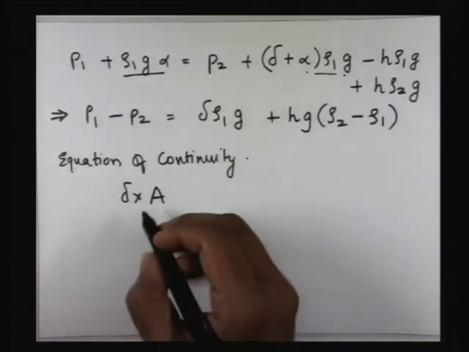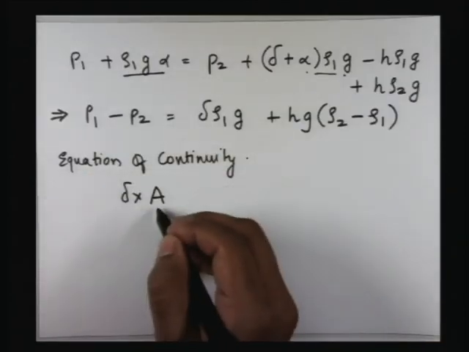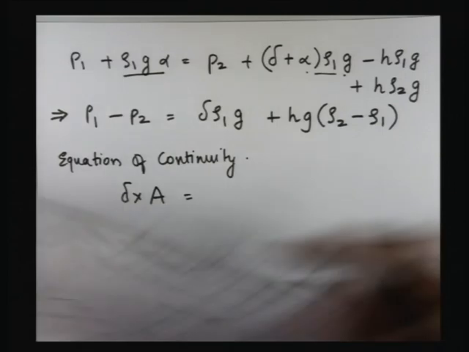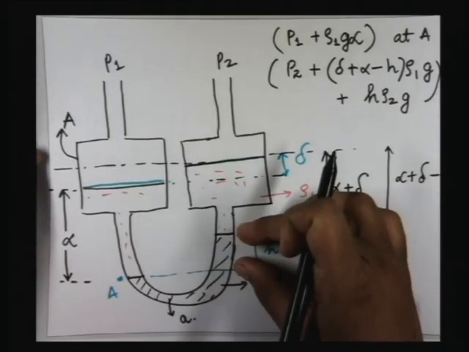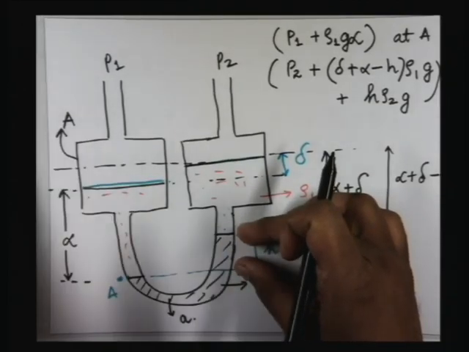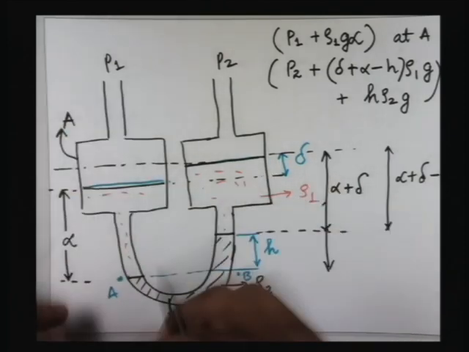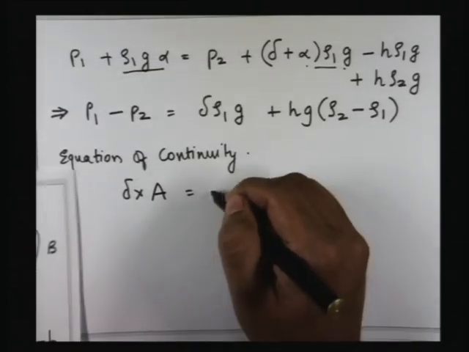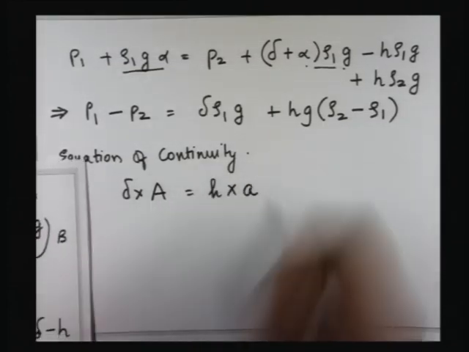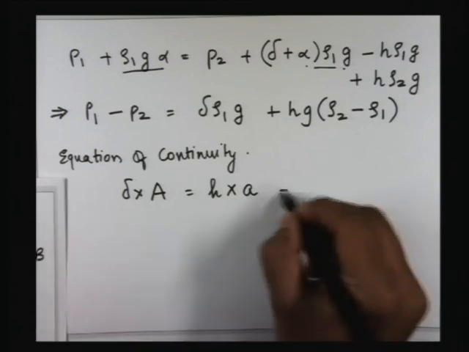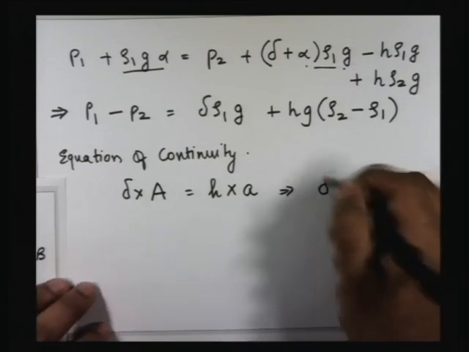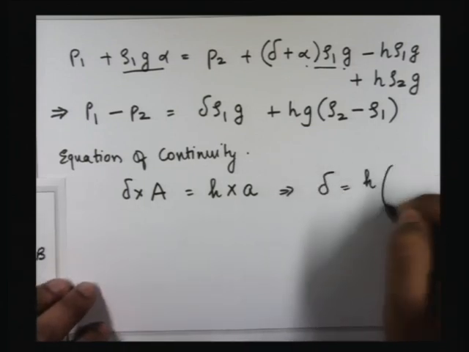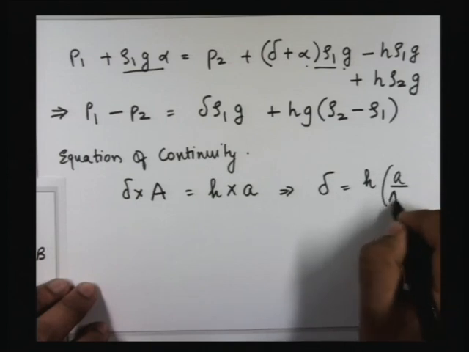So the volume pushed down is delta into A, which is equal to the volume pushed up. Because the liquids are incompressible, the same amount of volume will be pushed up in the limb. That will be equal to H into small a. So from this, the rise delta is equal to H times small a by capital A.